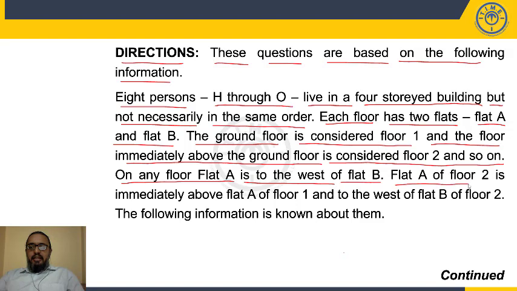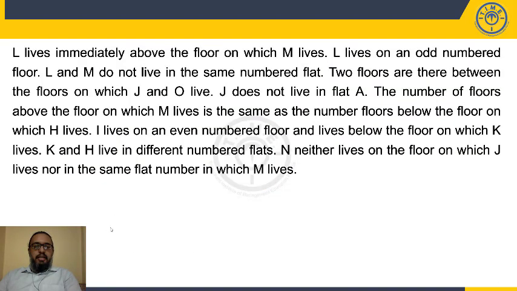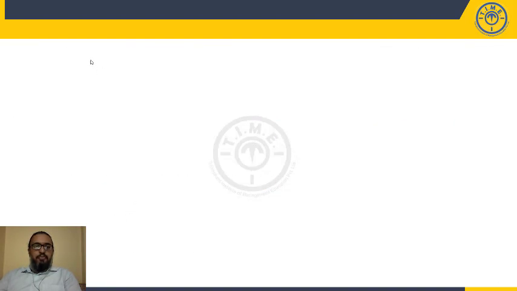So flat A of floor 2 is immediately above flat A of floor 1 and to the west of flat B of floor 2. The following information is known about them. Okay, so first let us take the arrangement. It is a 4-storied building. Each floor has 2 flats.